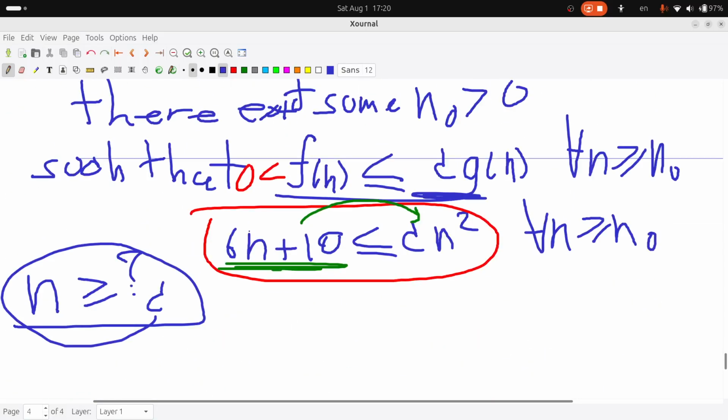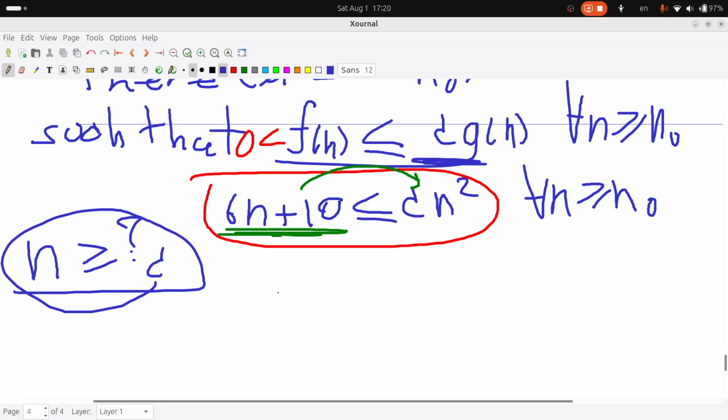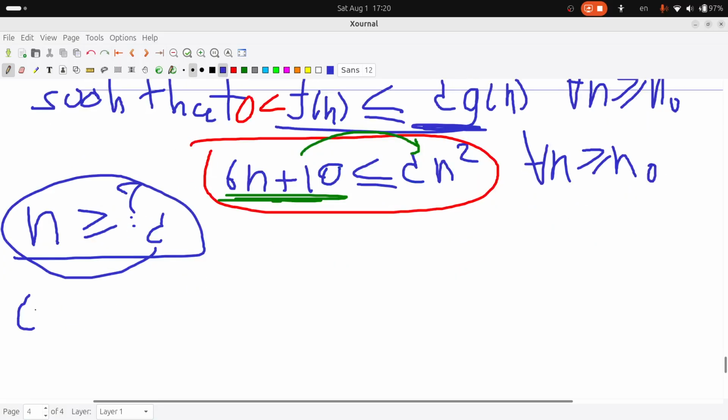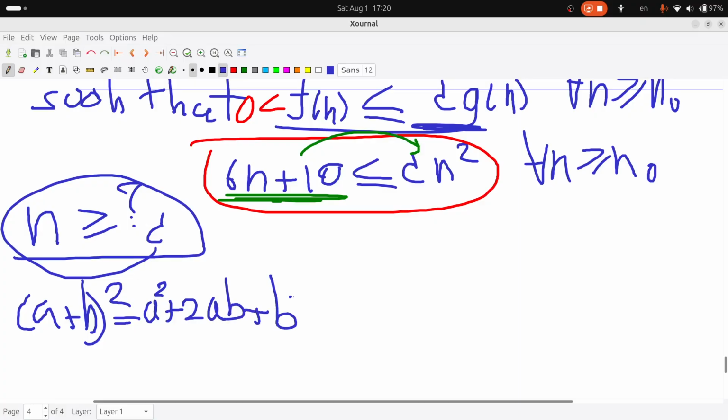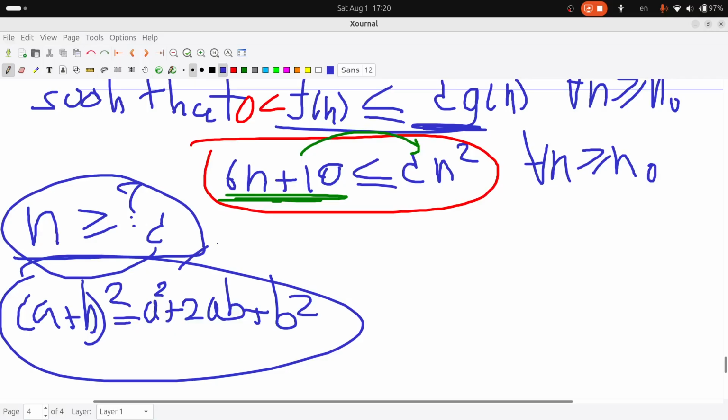But if you want to prove this one, I think we can write something using a plus b squared is equal to a squared plus 2ab plus b squared. We can use this one here.